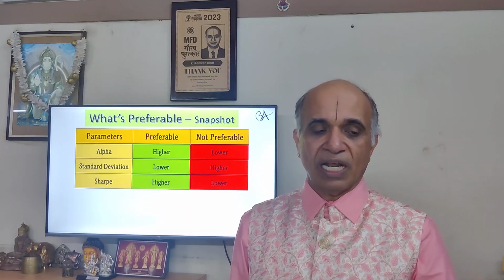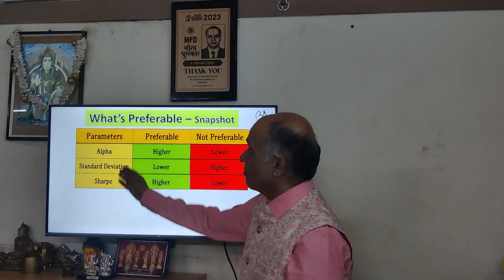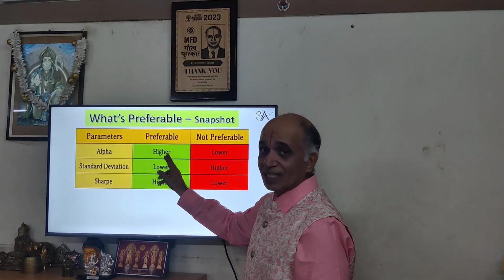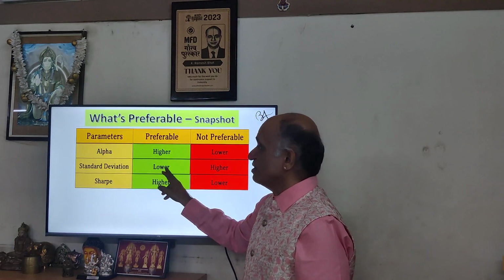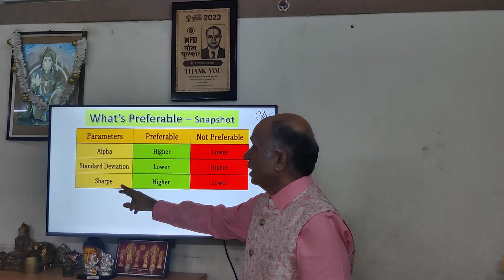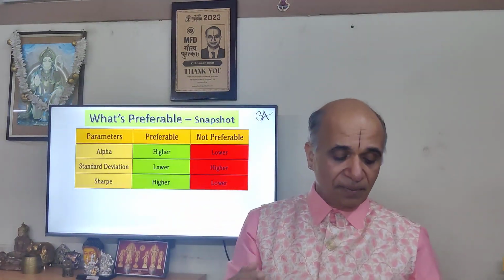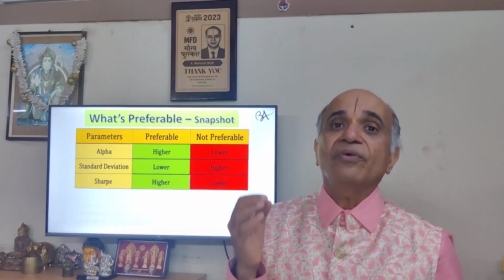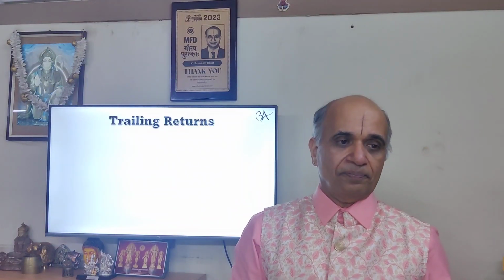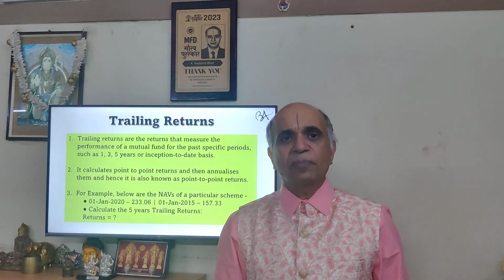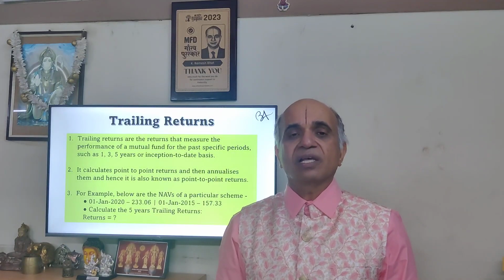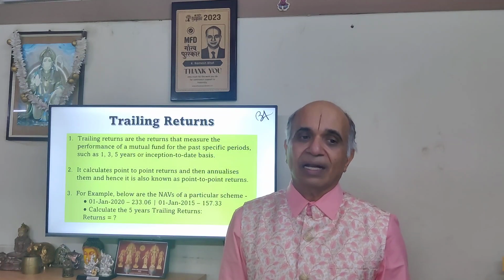When you compare, alpha of the fund should always be higher, standard deviation should always be lower, and Sharpe ratio should always be higher, so that you give the best fund to your client. I have seen many people work on trailing returns and give funds to their clients.